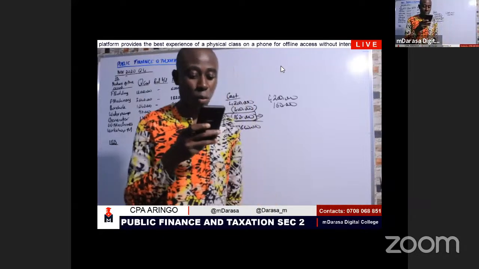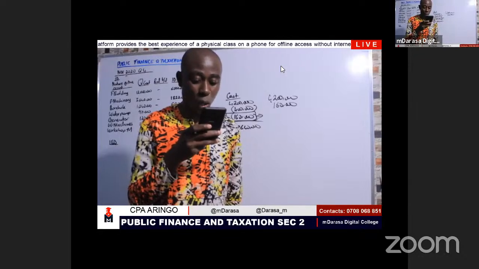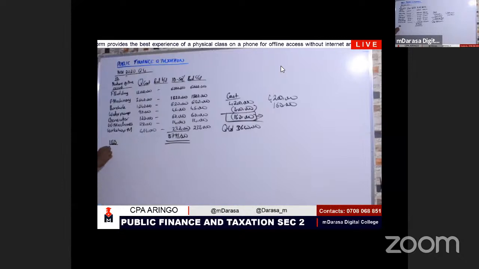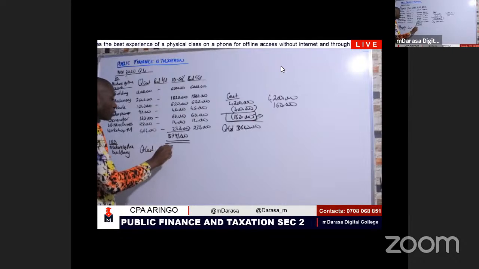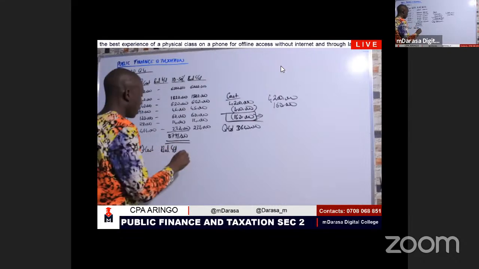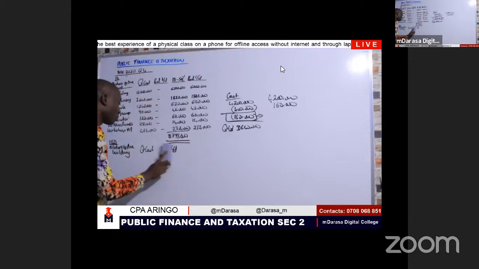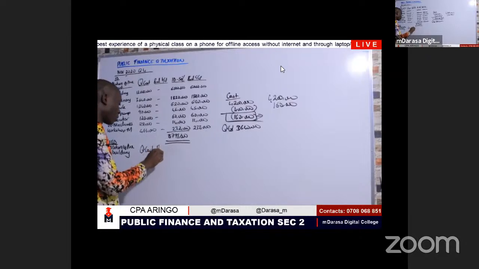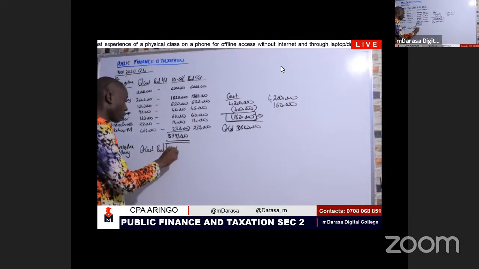Item number 1, we can start with what we identified in note 1, the go-down. Talk of the nature of the building, qualifying costs, balance brought down, and IBD.